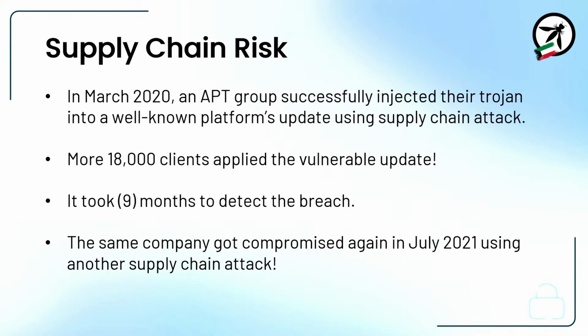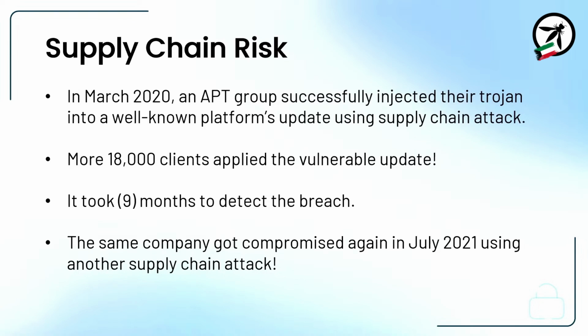To understand the risk, we need to show how a supply chain attack can cause significant impact. In March 2020, an APT group successfully injected their Trojan into a well-known platform. And that happened due to a supply chain attack. More than 18,000 clients applied the vulnerable updates.